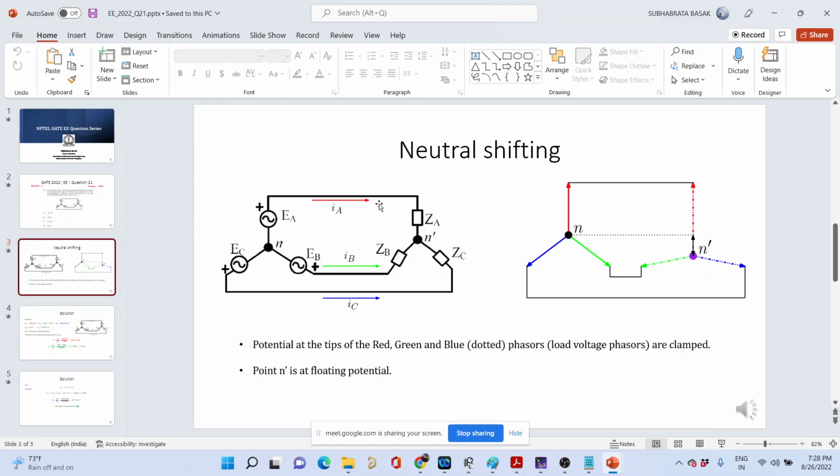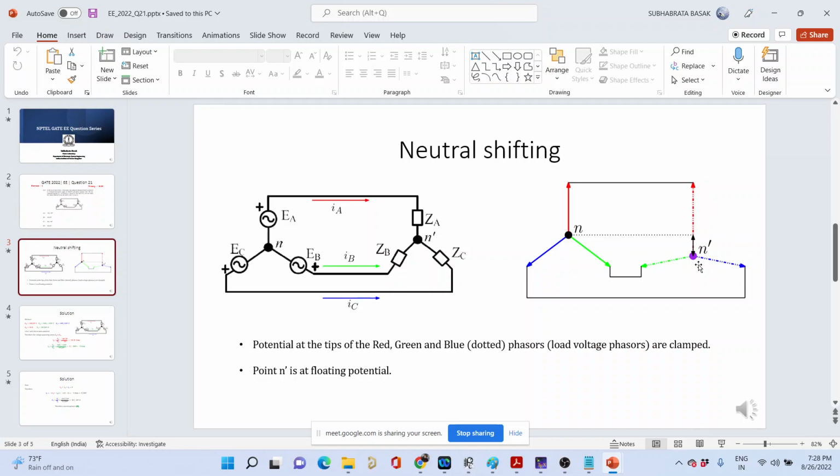However, the currents flowing through this are not balanced. As a result of which, what you can find is, the voltage drop in the A phase load may be higher, or it may be the other way around. So the voltage drop over here may be high, and the other two branches of the load will have a lesser voltage drop, and the neutral may shift.